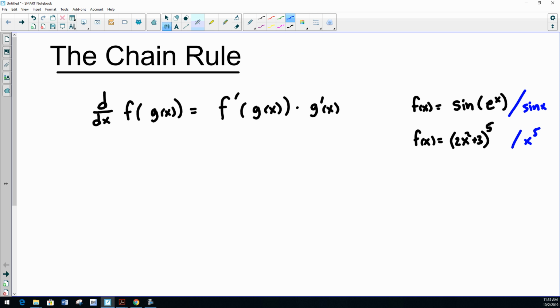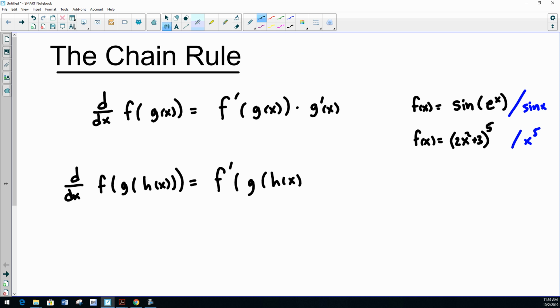Let's do one with 3 links. F of g of h of x. You guys want to predict it or no? No? F prime of g of h of x.